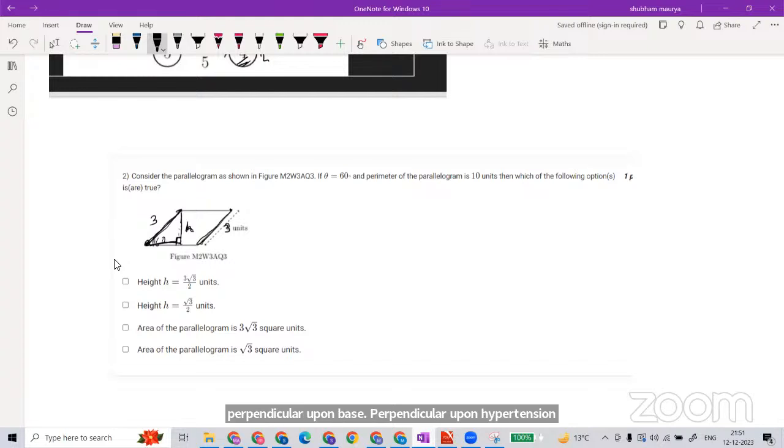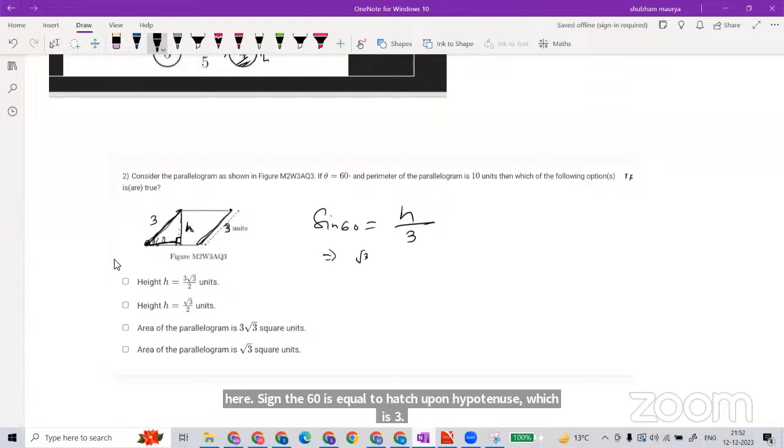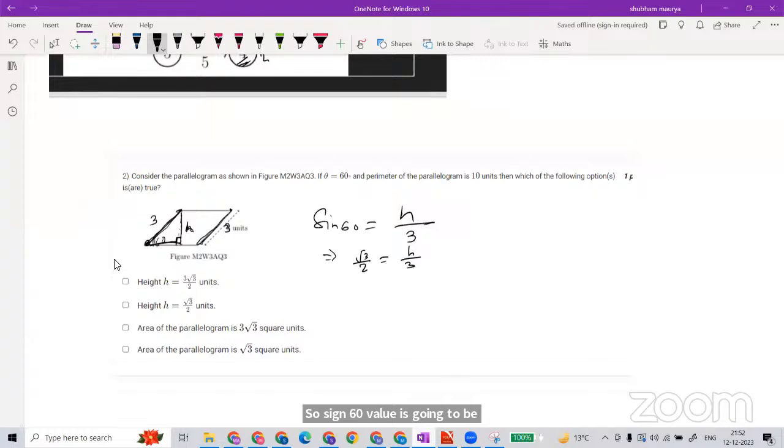Perpendicular and hypotenuse. So sine will work here. Sine 60 is equal to h upon hypotenuse, which is 3. So sine 60 value is going to be what? Root 3 by 2. And this is h upon 3. So finally, this is h. We can solve this equation and then this is going to be 3 root 3 by 2. Is this fine?